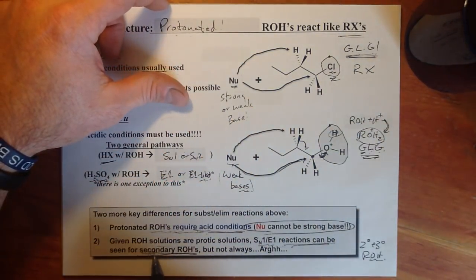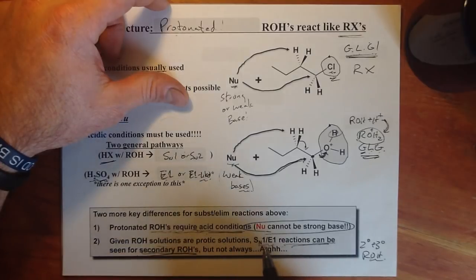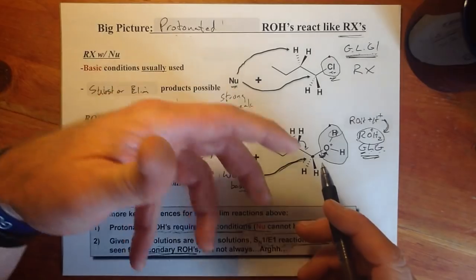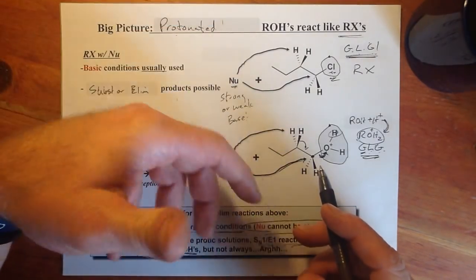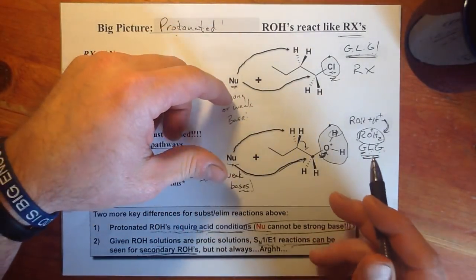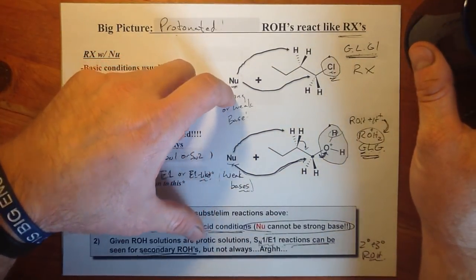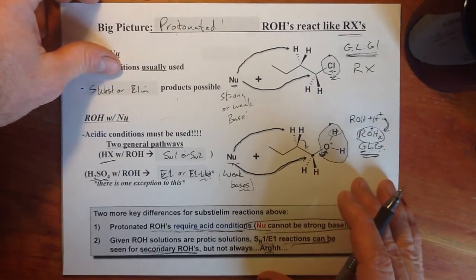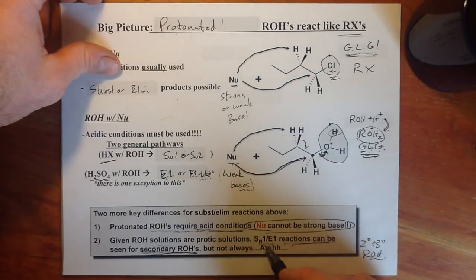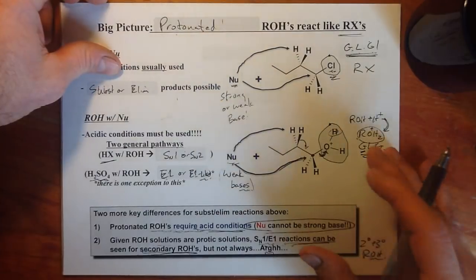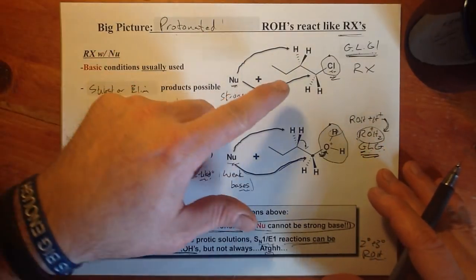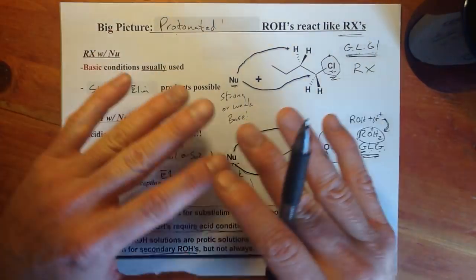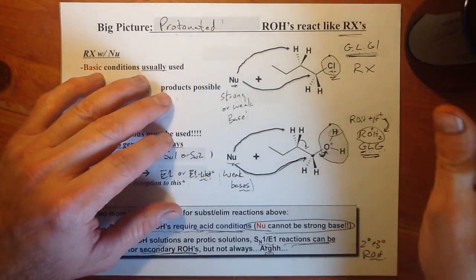So we may see with secondary ROHs more SN1E1 chemistry because the alcohol that's not reacting around the alcohol that is reacting can be of support for carbocation formation. Well, that causes some difficulty because not all secondary alcohols go SN1E1, but just know that there can be a greater tendency to do that compared to a secondary alkyl halide. Secondary alkyl halide where no water is present, solvent's aprotic, you can tend to see more SN2.